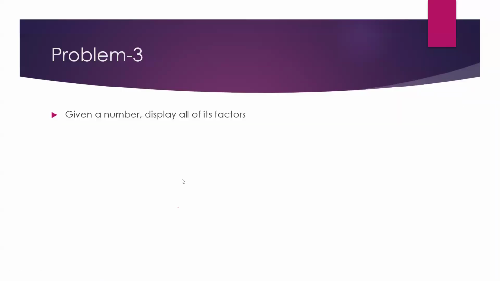So we've just solved problem number 3, which was given a number, display all of its factors. Our next problem is problem 4, which is given a number, display its first 10 multiples. By multiples, we mean that, for example, if you've been given a number 2, its multiples are 2, which is a multiple of itself, then 4, 6, 8, 10, and so on.